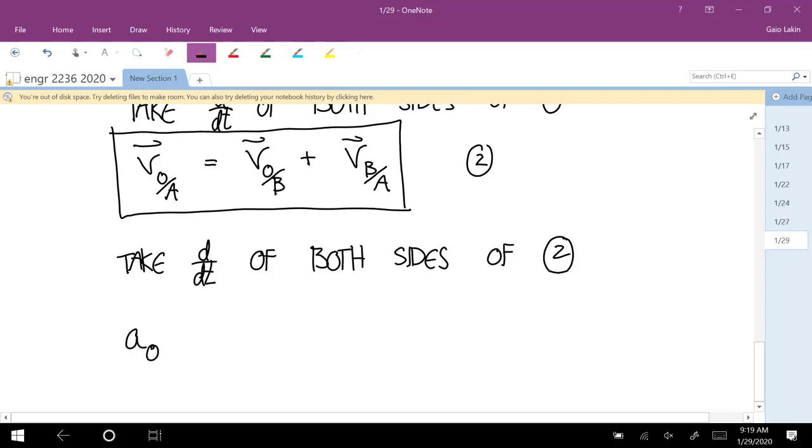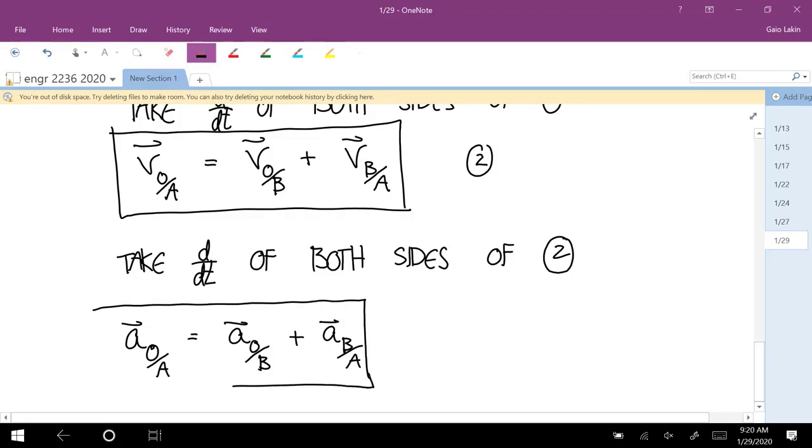So the acceleration of the object relative to A is equal to the acceleration of the object relative to B plus the acceleration of B relative to A. Third one. And that same memory device works for all three of those, position, velocity, and acceleration. If your subscripts work for fraction multiplication, then you have them in the right order, okay?